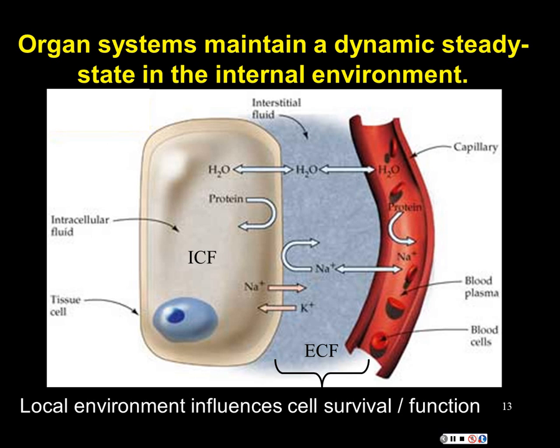What happens is the local environment controlled by your body system is going to influence an individual cell. If you have trillions of cells in your body, each one of those needs to be kept alive, and it's by the interactions of the local body system.